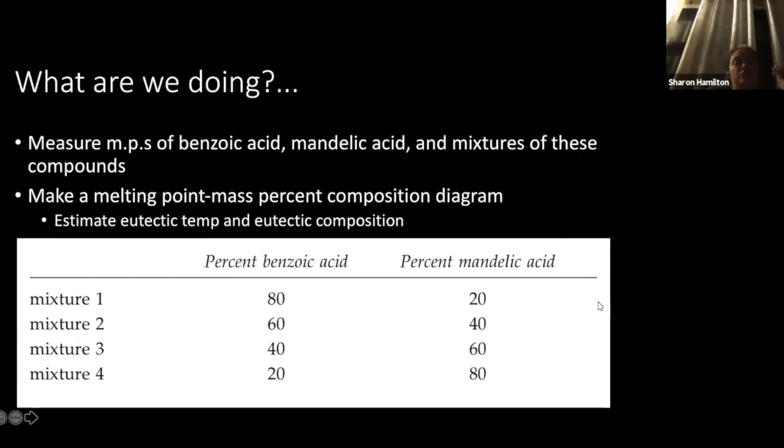You're going to measure the melting point of these 4 mixtures, and using all of the data collected from the information on this slide, you'll make that melting point mass percent composition diagram that we had looked at earlier for our theoretical compound X and compound Y, and be able to estimate a eutectic temperature and eutectic composition for benzoic acid and mandelic acid.